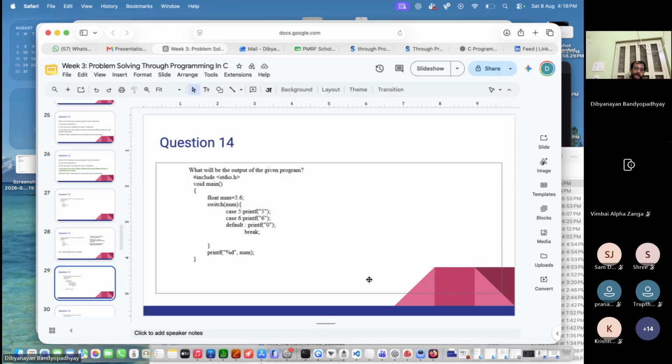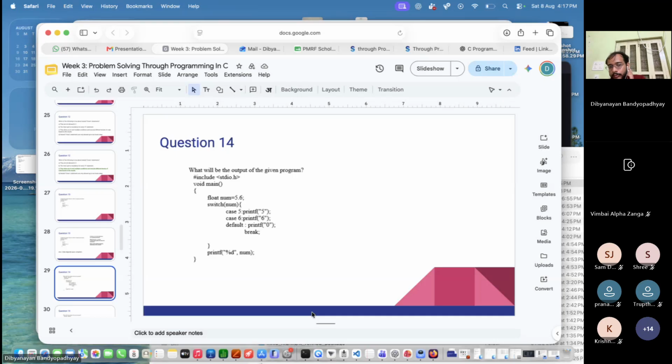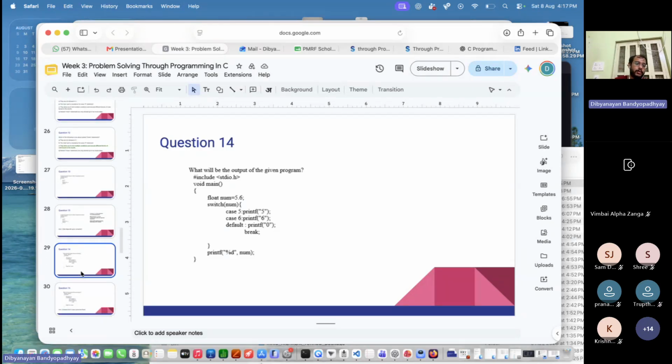This is a switch case question. Does switch case work with floating point numbers? What do you think?